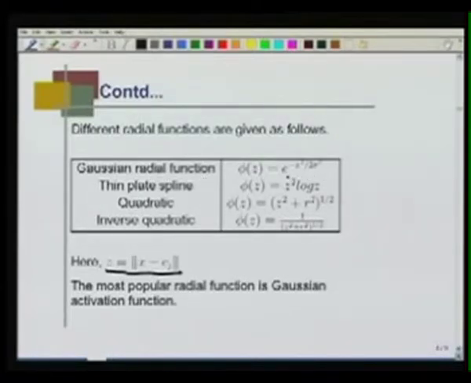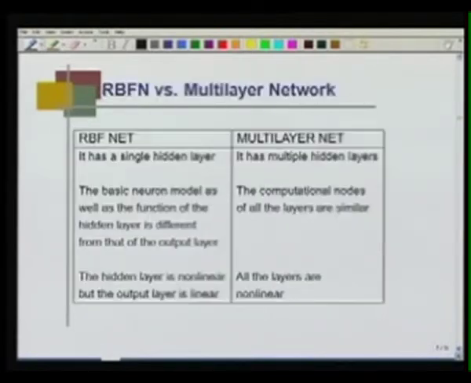Gaussian is very popular: e to the power minus z square by 2 sigma square, where z is the Euclidean distance between the data and the radial center. Similarly, the thin plate spline function is z square log z. Phi z equal to z square plus r square to the power half is a quadratic function. The third one, inverse quadratic, is just 1 upon z square plus r square to the power half, that is, the square root of z square plus r square. Normally the Gaussian function has been very popular in selecting the radial center.